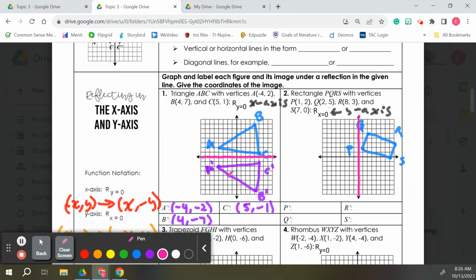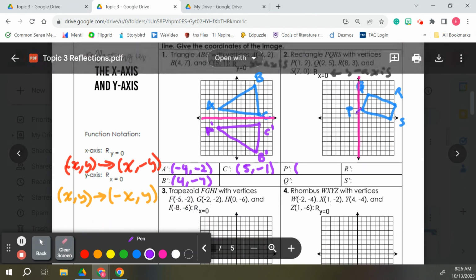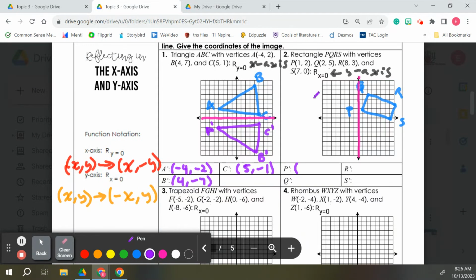Again, I'm going to take my purple and go through each point and apply this rule where the x changes sign. For P, it's going to be -1, comma 2. For Q, it's going to be -2, comma 5. For R, it's going to be -8, comma 3. And for S, it's going to be -7, comma 0.